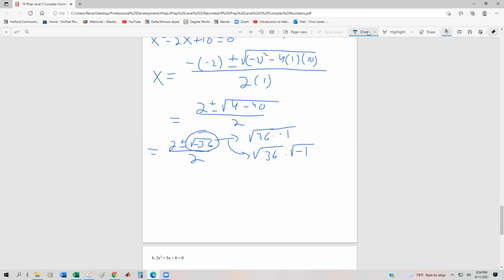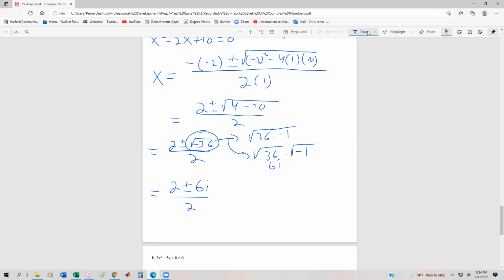We know the square root of 36 is 6, and we know the square root of negative 1 is i. So anytime you have a negative under a square root, it just turns into the square root times i. So we can rewrite this as 2 plus or minus 6i over 2.